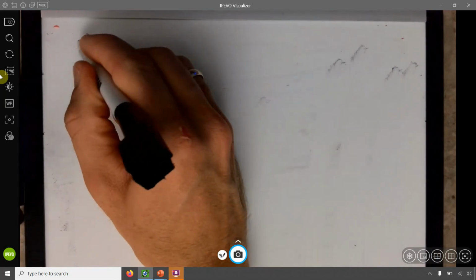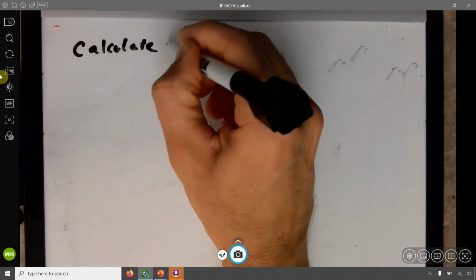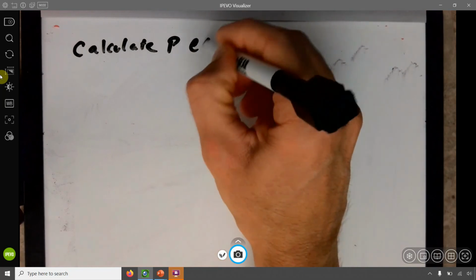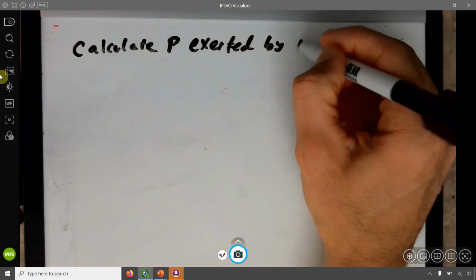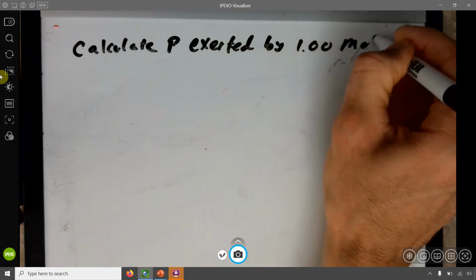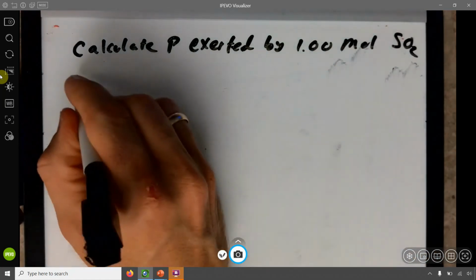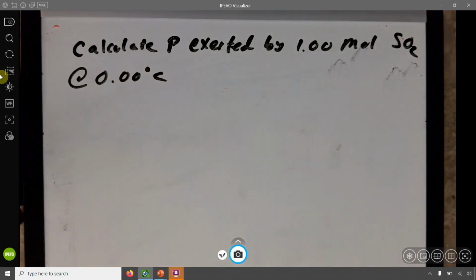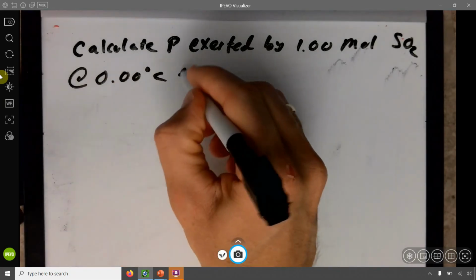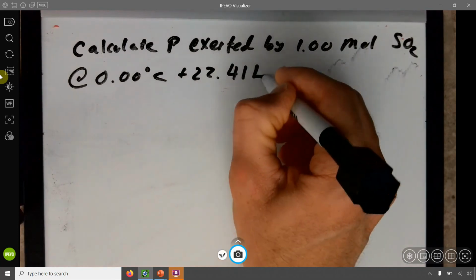So calculate the pressure exerted by 1.00 mole of SO2, sulfur dioxide, at 0 degrees Celsius, and having a volume of 22.41 liters.